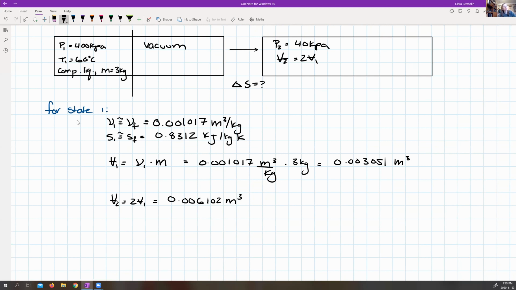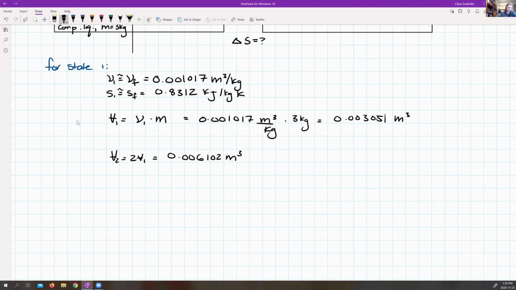Knowing the volume, now I can work backwards and find the specific volume. So the specific volume of 2 is going to be the volume of 2 divided by the mass. So my volume was 0.006102 meters cubed divided by 3 kilograms gives me a value of 0.002034 meters cubed per kilogram.